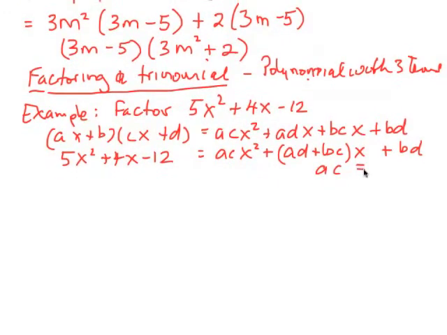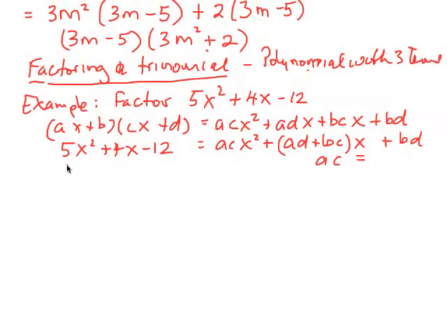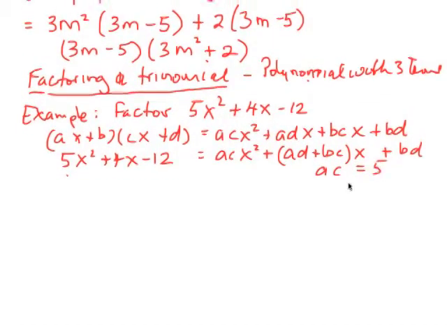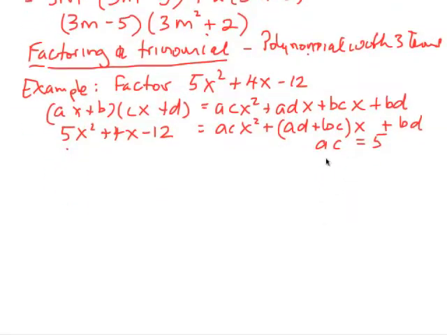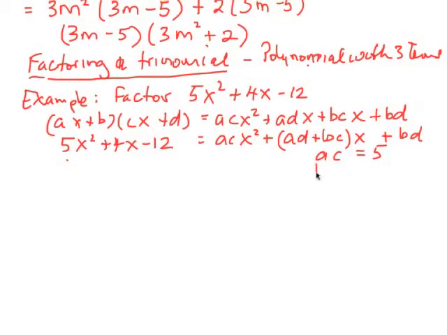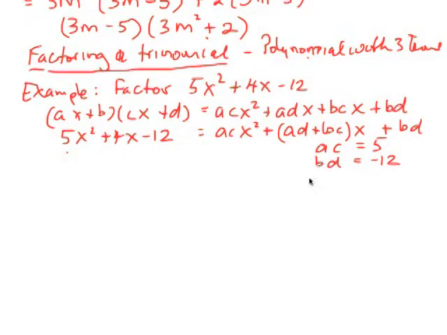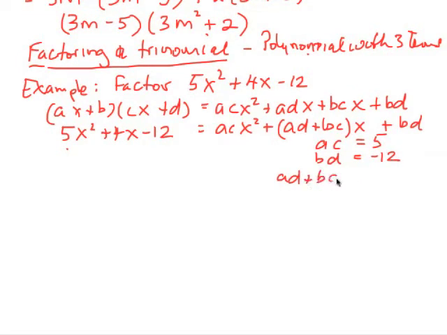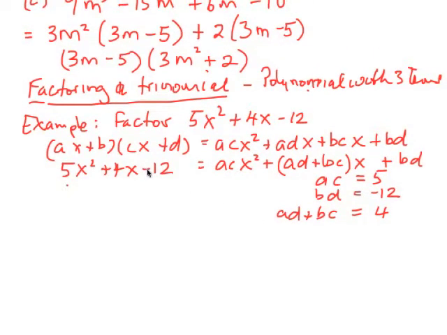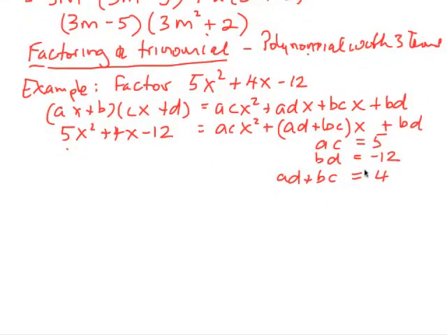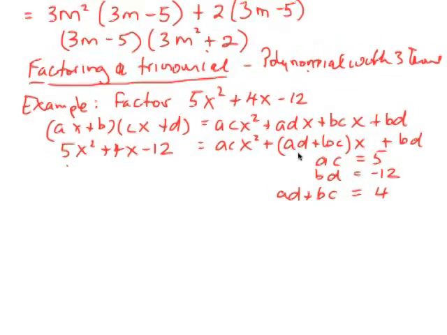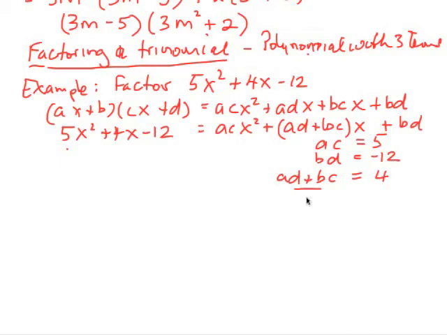Now if we were to match up these polynomials, you'll notice that ac must be equal to 5. And what else would we need? We would need bd to equal negative 12, and ad plus bc would be equal to 4. So the easiest way to think about this is to look at the factors here. Notice that we're adding these two factors, which is 4.